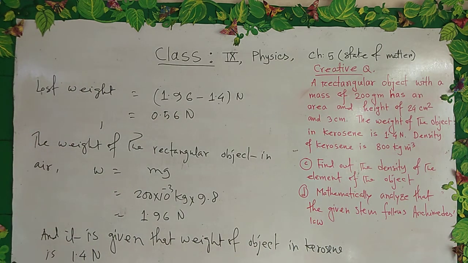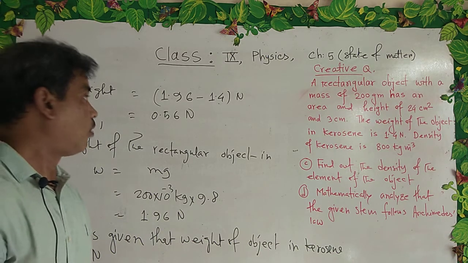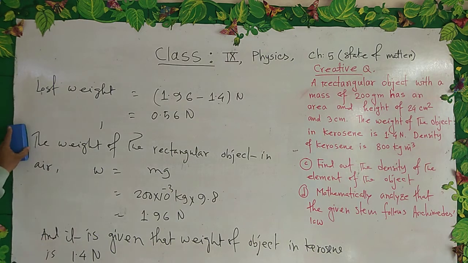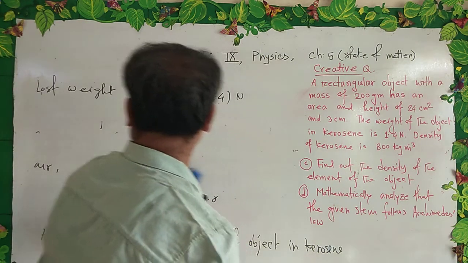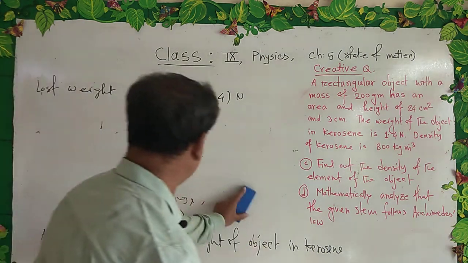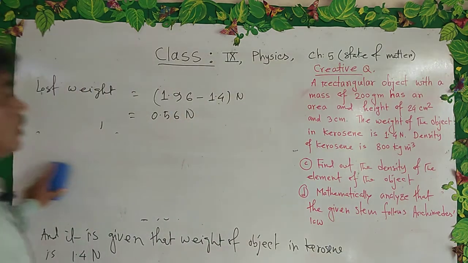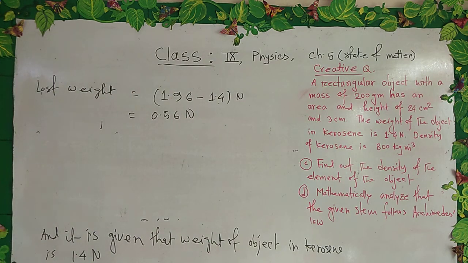So according to Archimedes' law, the lost weight will be equal to the weight of the liquid that is displaced by the object. So now we can show that this lost weight is equal to the weight of the liquid which is removed by the object.